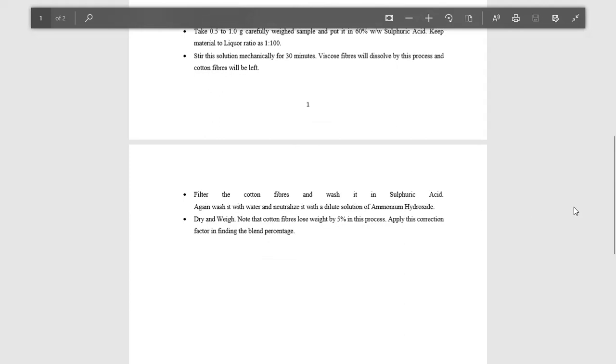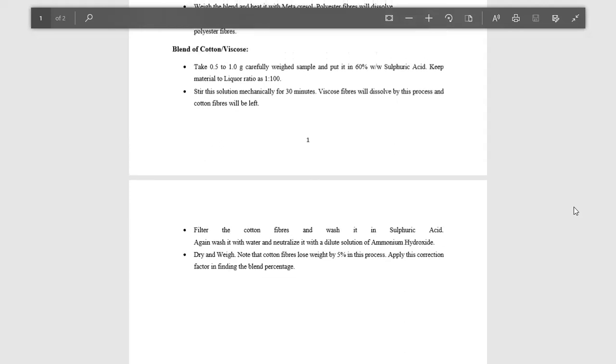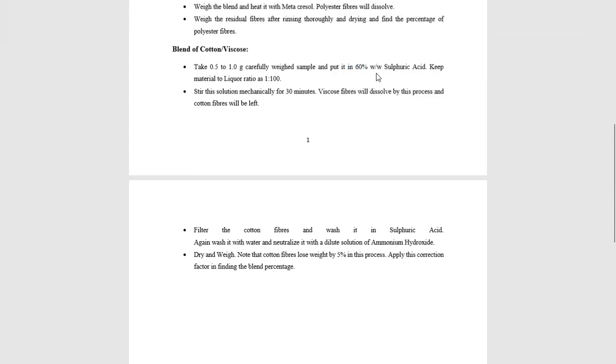As we know that both are cellulosic in nature, sulfuric acid dissolves cotton as well as viscose. But here we take a lower percentage. So at this percentage, the sulfuric acid only dissolves the viscose, but a little amount of cotton also dissolves with it.